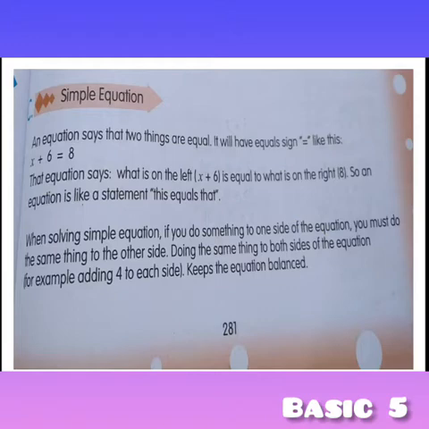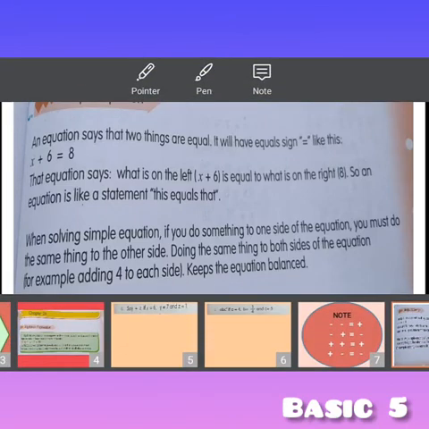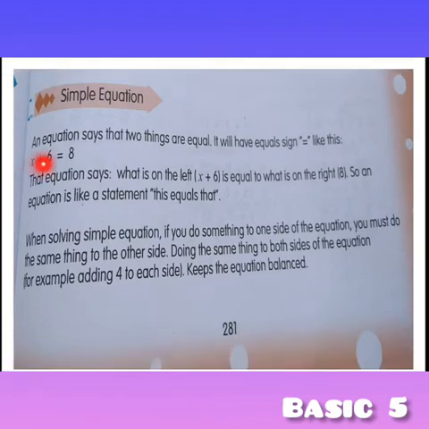Simple equation. A simple equation says that two things are equal. It will have an equals sign, just as you've seen there. For example, we have here x plus 6 equals 8.